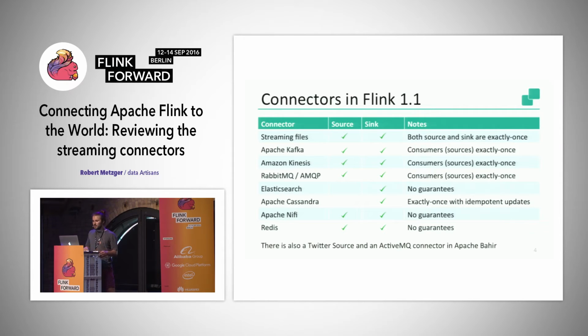And for Cassandra, we provide exactly once guarantees with the restriction that the updates that you are writing to Cassandra are idempotent. That is, if you do an update several times in a row, it should still give the same result. And then we provide exactly once guarantees.